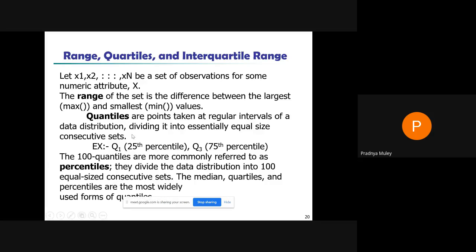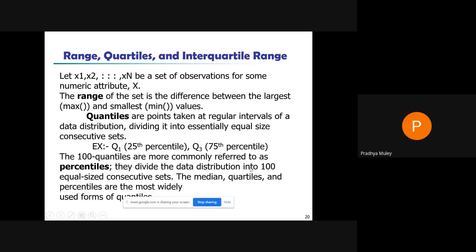Now what is a quantile? Quantile points are taken at regular intervals of a data distribution, dividing it into essentially equal size consecutive sets. You must know 100-quantiles, most commonly referred to as percentiles.